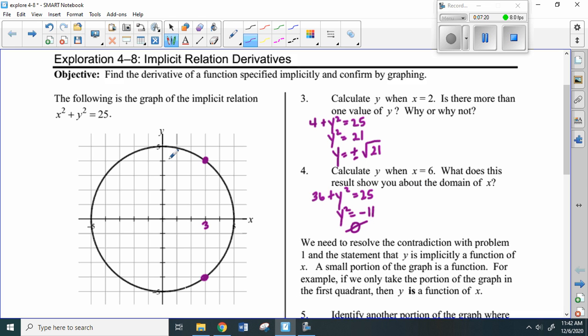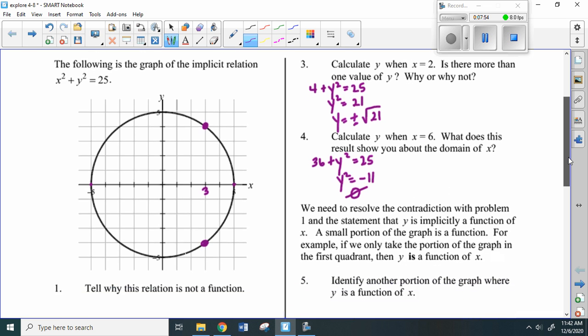Well, the domain of x is restricted. You can look here, if you go from left to right, it covers all the x values from -5 to +5, but nothing outside of that in terms of x values, or y values for that matter. So it just shows you that x equals 6 is outside of that domain, okay?